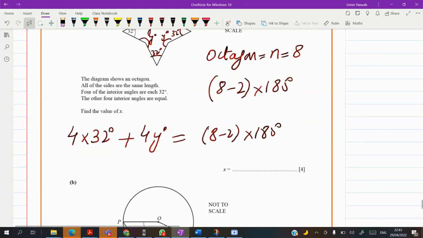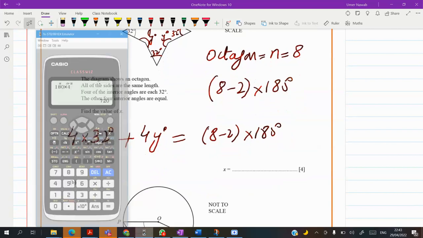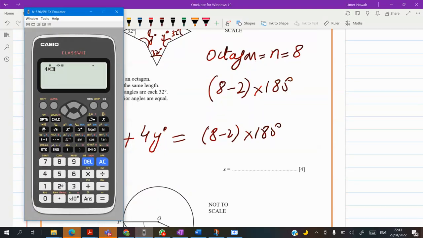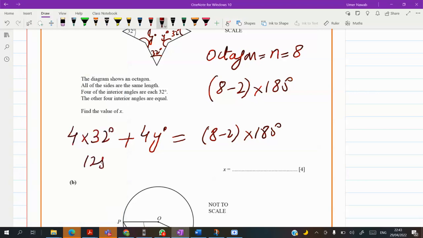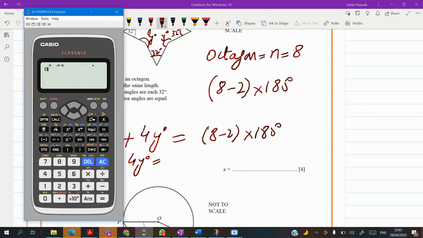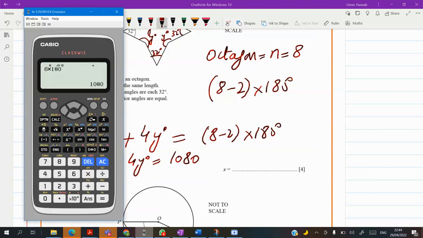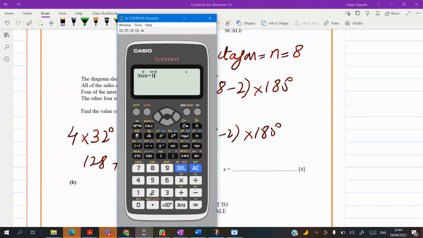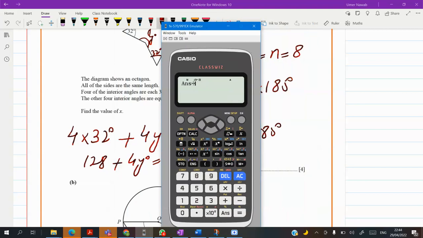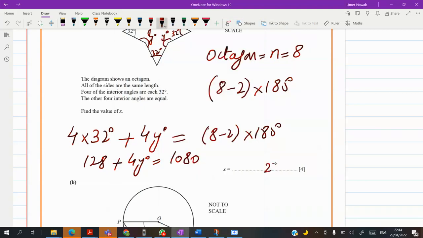Let me simplify this equation. 4 times 32 gives you 128. 128 plus 4y, and 6 times 180 gives you 1080. 1080 minus 128, and then divided by 4 gives us 238.